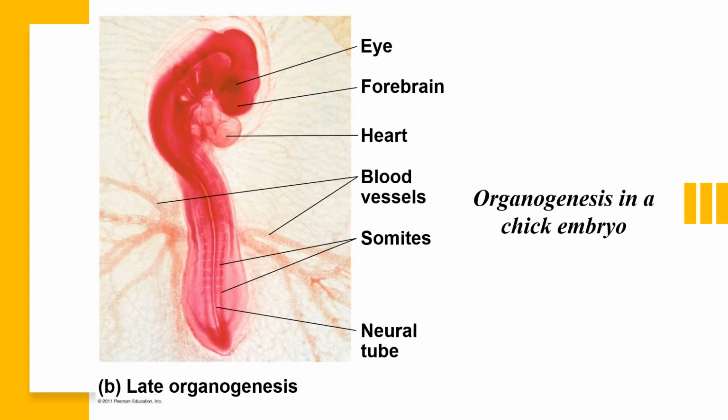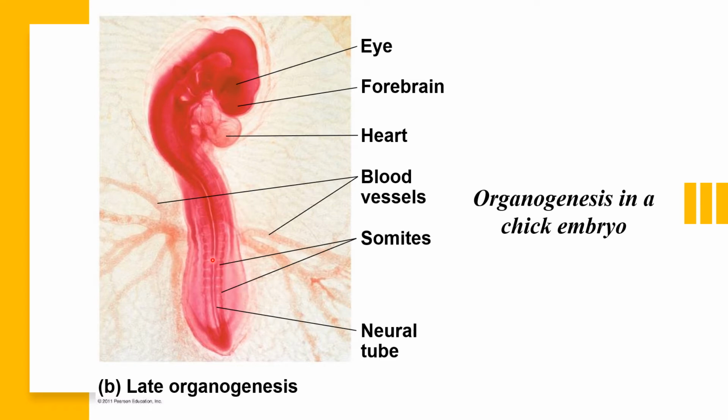so this is another representation of the late organogenesis that's happening in the chick embryo. So you have here, as you remember or recall, the different cellular changes and development when it comes to the different animal models are very very different from each other. Okay, so in here for the chick, you see that eventually it will already grow its eyes, the otic capsules, and then the forebrain, the heart, bulging heart, and then the blood vessels would be more vascularized for the chick.